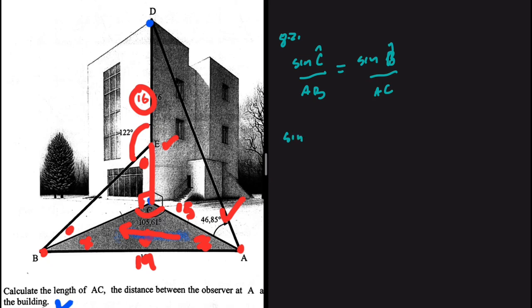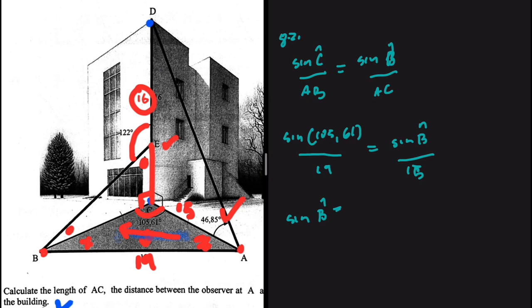So here we have sine of 105.61 divided by AB, which is 19, being equal to sine of B, which is what we want to find, divided by AC, which is 15 units, right? So sine of B is equal to 15 multiplied by sine of 105.61 divided by 19.